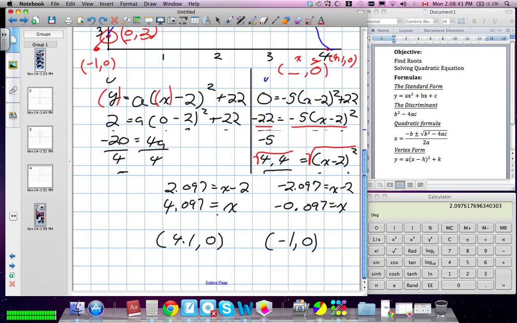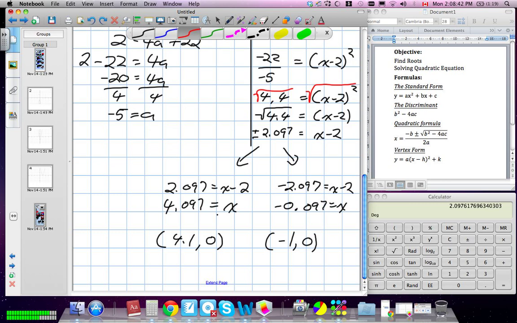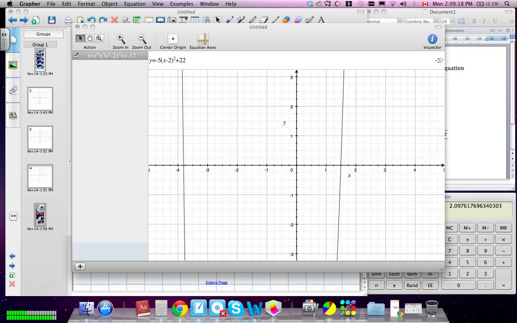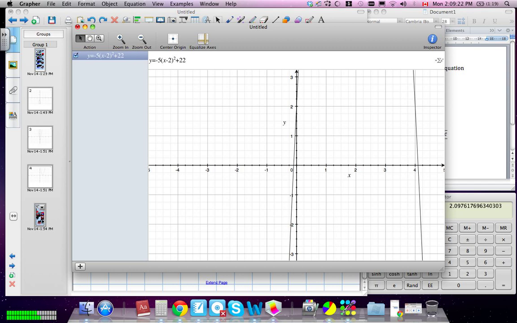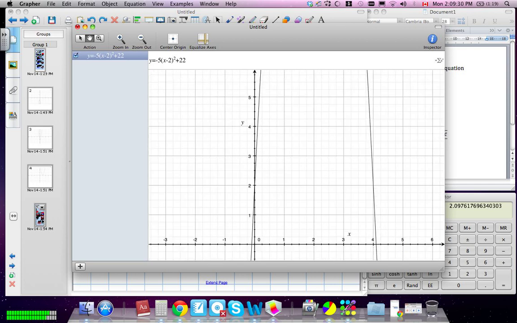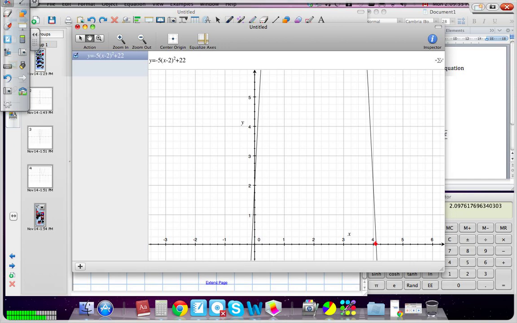And what we're going to do is we're just going to prove this. Okay, so we have our equation. We just want to make sure we are right. We take a look at it. Wow, it's been thrown very high, but in terms of our x-intercept, yeah, that looks like that would be roughly 4.1. So we have the right numbers.